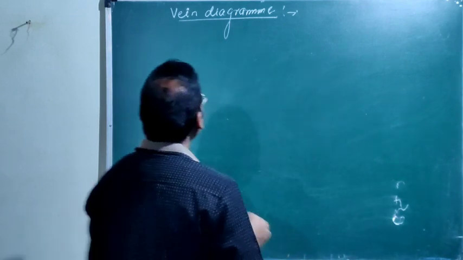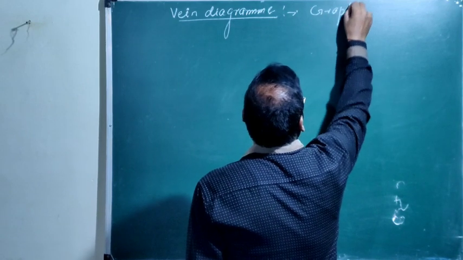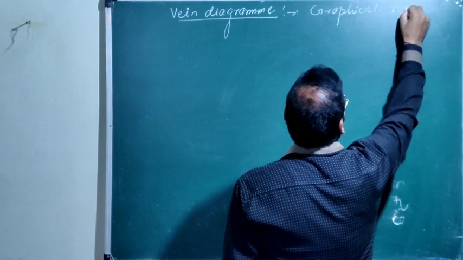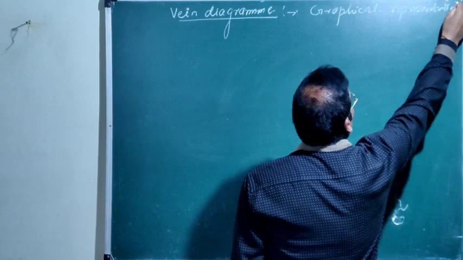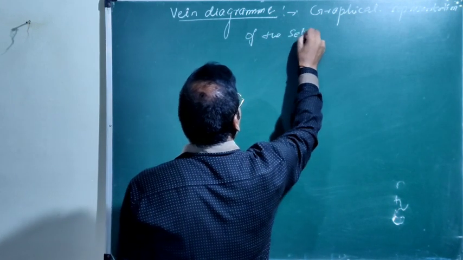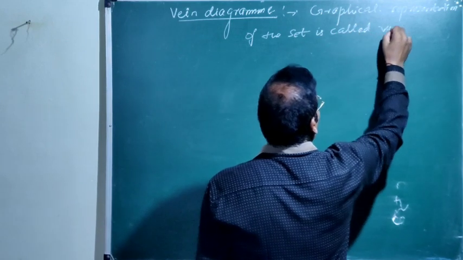The graphical representation of a set is called a Venn diagram.